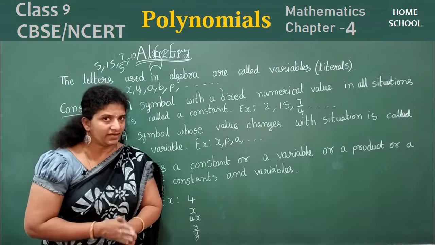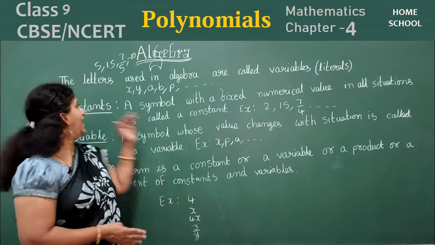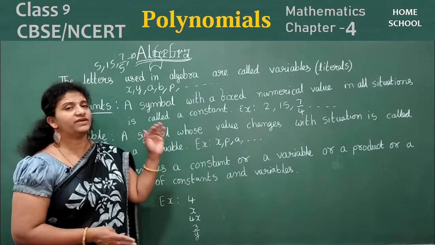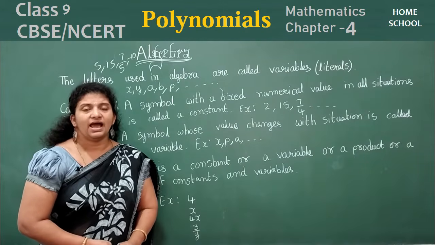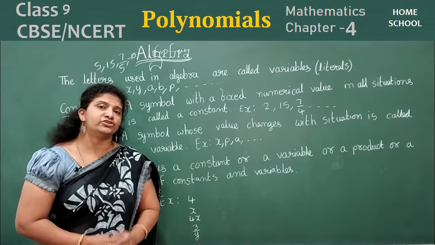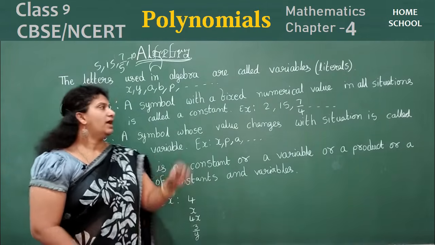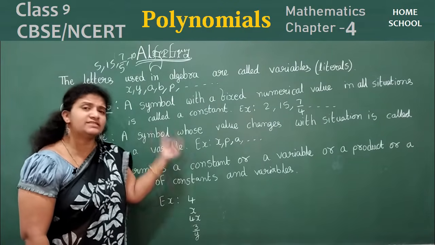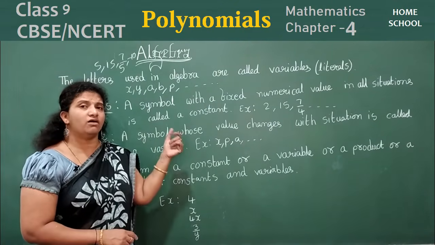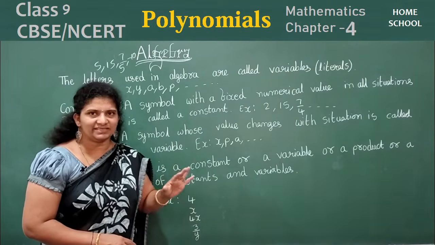Okay, understand here carefully. What is algebra? In algebra, the letters we use are called variables. Algebra deals with the combination of variables and numbers. And here constant means it is having a fixed value. The symbols or numbers we use will be fixed. There won't be any change.